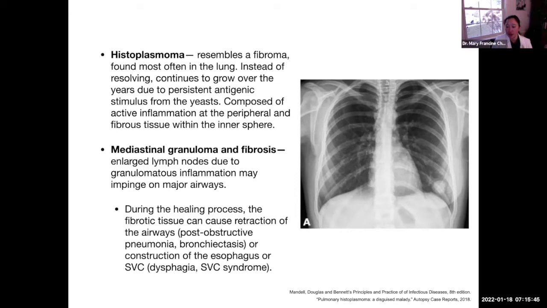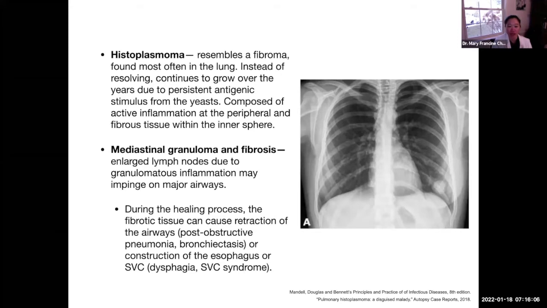On the right side of that photo, you see on the left lower lung field that round lesion there. That's the histoplasmoma that we were talking about.